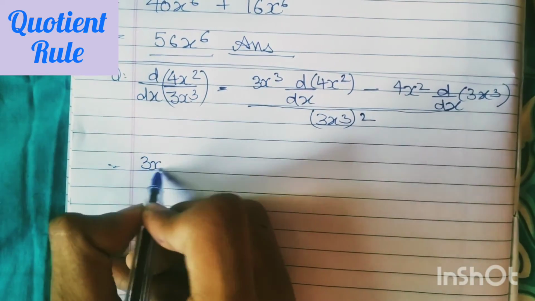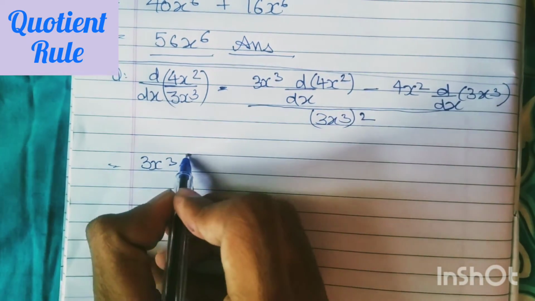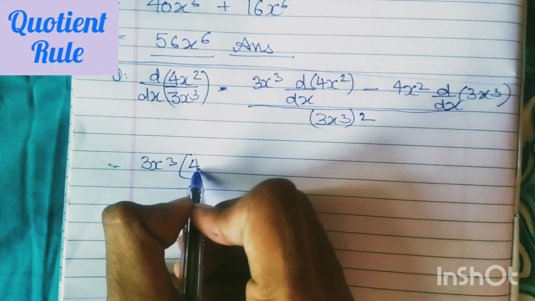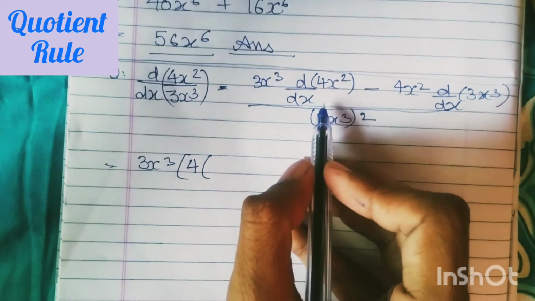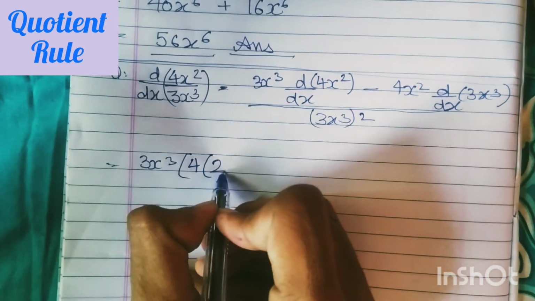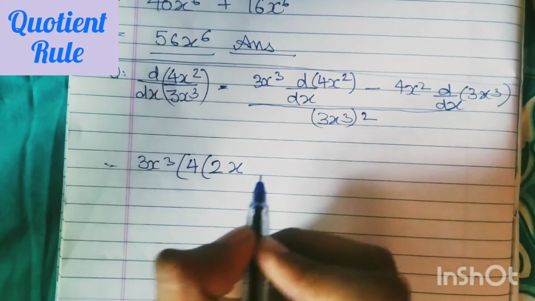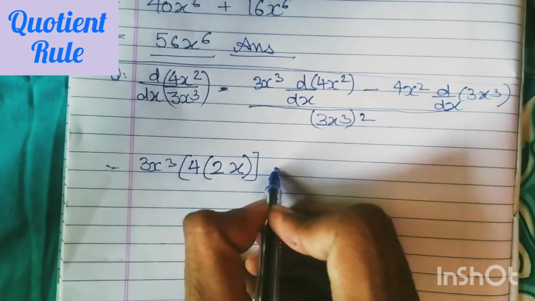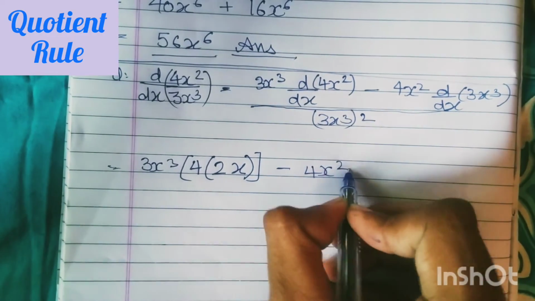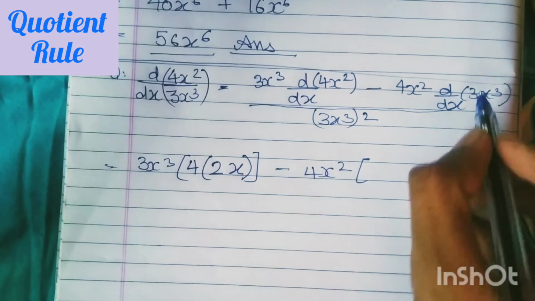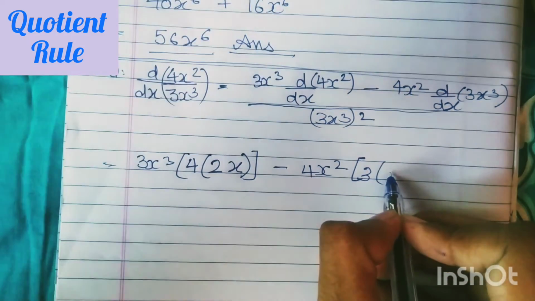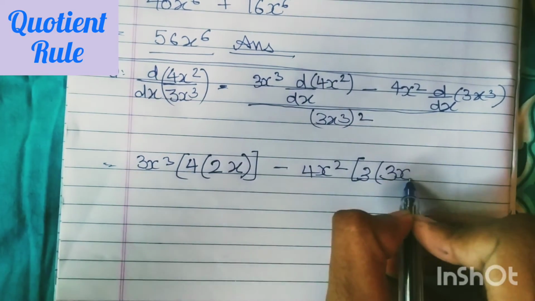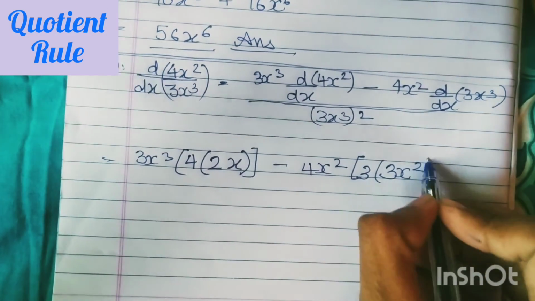Now coming to 3x cube, differentiation: 4 will be taken as common, and then the differentiation of x square, first power, variable, and 2 minus 1 is 1, minus 4x square, and then the differentiation of this term, 3 will be taken as a constant, x cube, first power 3, x, 3 minus 1 is square.